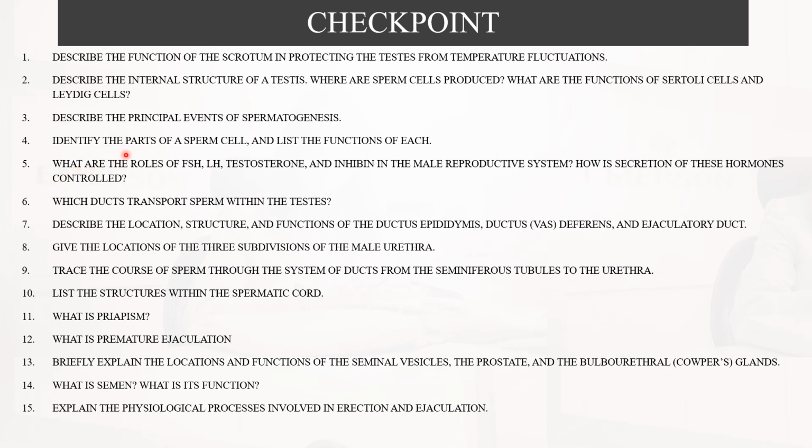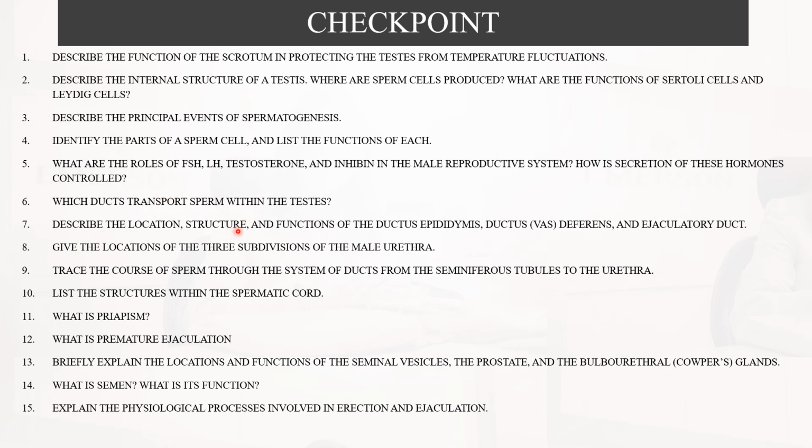Can you identify parts of the sperm cell and list the functions of each? What are the roles of follicle stimulating hormone, luteinizing hormone, testosterone, and inhibin in the male reproductive system? How is the secretion of these hormones controlled? Which ducts transport sperm within the testes?